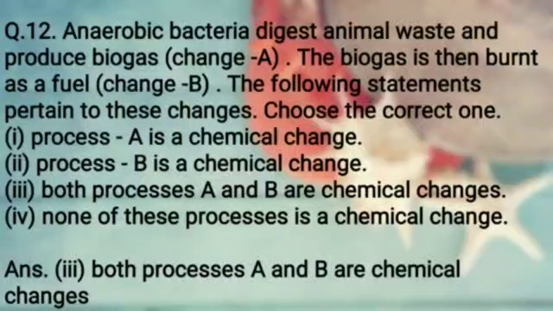First of all, anaerobic bacteria you have learned in chapter 1 and 2 digest animal waste and produce biogas. So what is biogas? When animal waste, plant waste, leftover food and everything we dump in one pit and put the lid on it, what will happen?